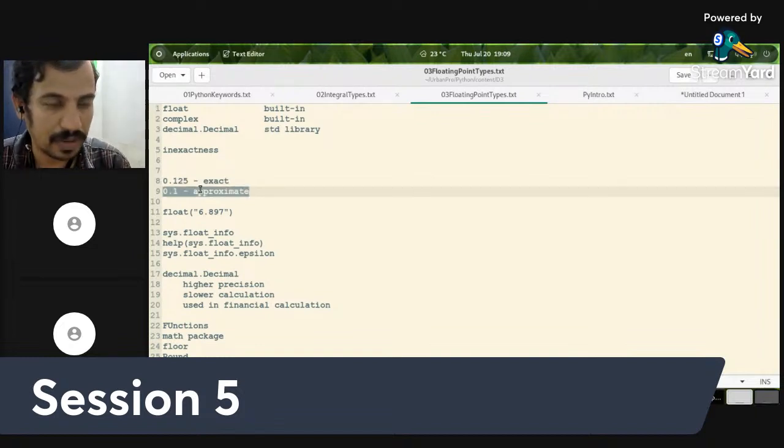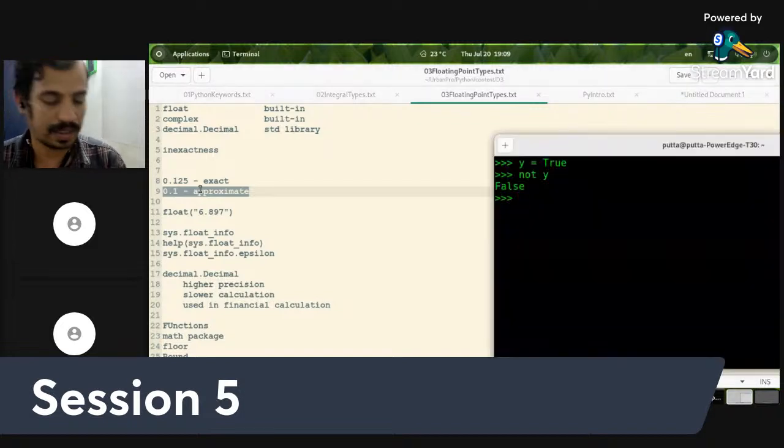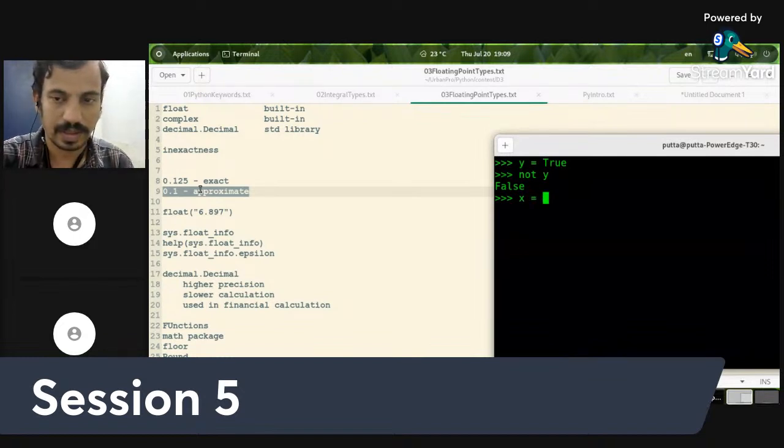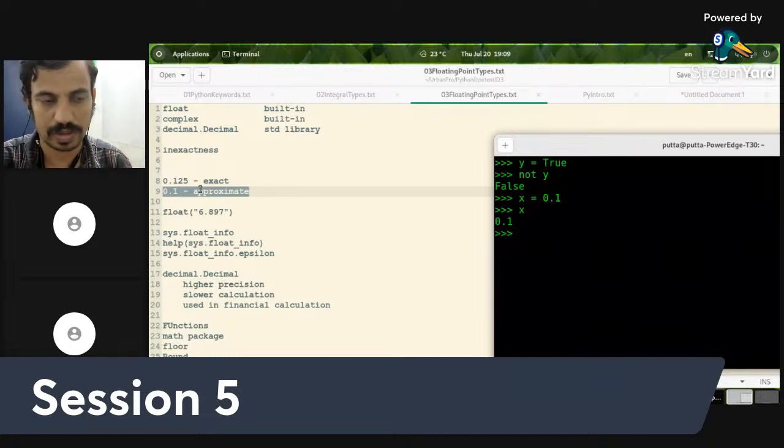If the value can be represented as a power of 2, it can be represented exactly, because binary representation is nothing but representation in base 2. So let's see, x is equal to 1 by 3.